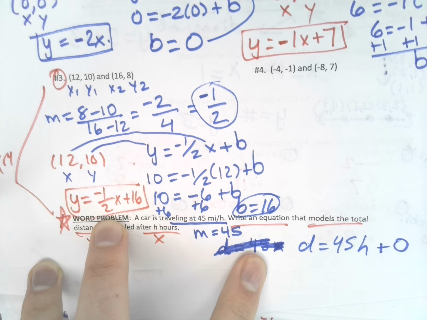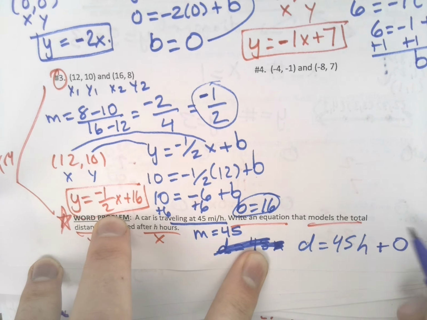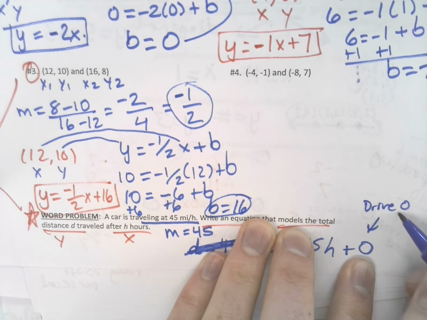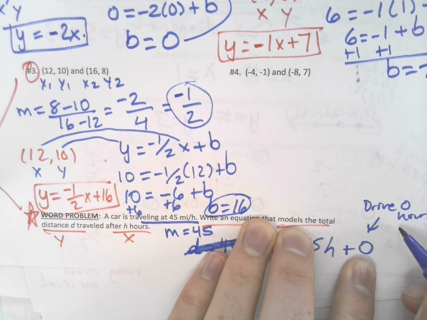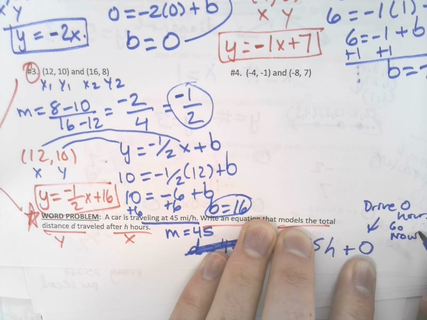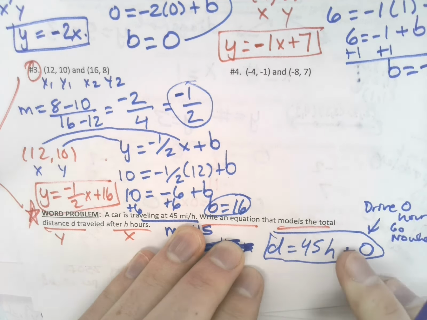If you've driven for 0 hours, you're going nowhere. So you could just say d equals 45h. So there is our equation, guys. Thank you very much.